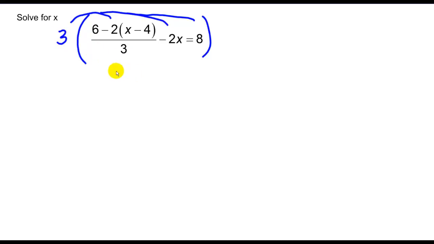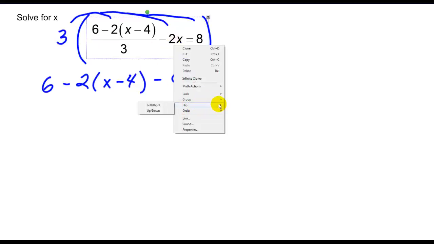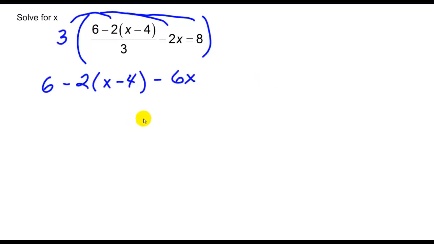That's like the multiplicative inverse. So that's 6 minus 2 times the quantity of x minus 4 minus 6x, because that's 3 times 2x. And then equals 24.